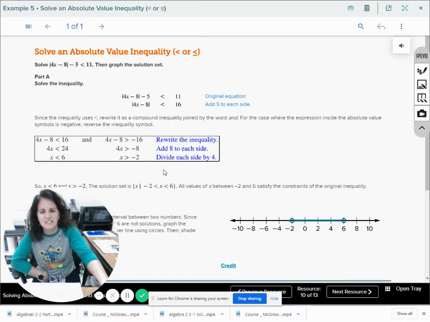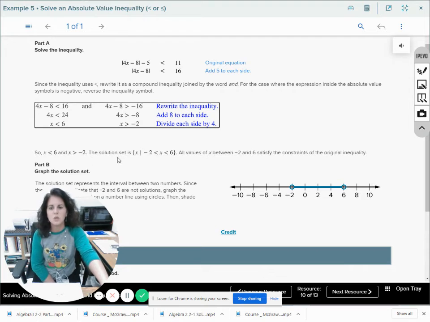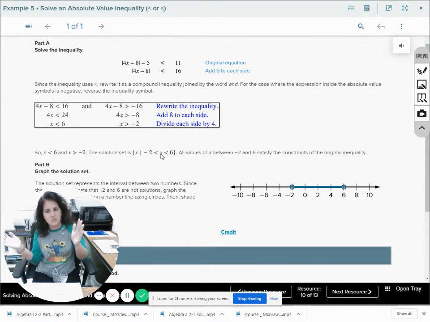Over here we have x is greater than negative 2. Now we've got to check and make sure that it works. So this is the solution set: x such that x is in between -2 and 6. It's greater than -2 and it's less than 6.